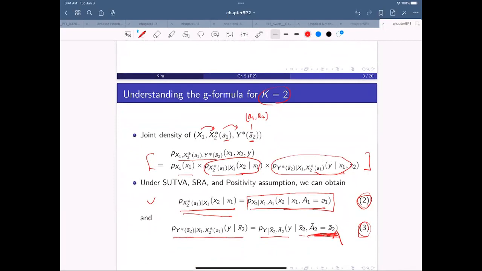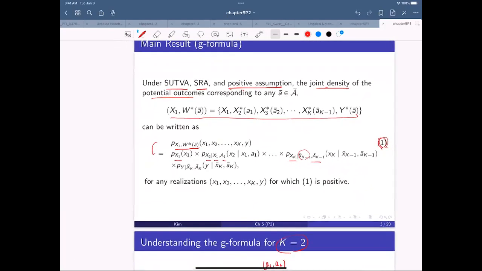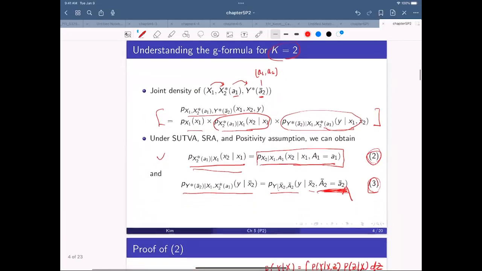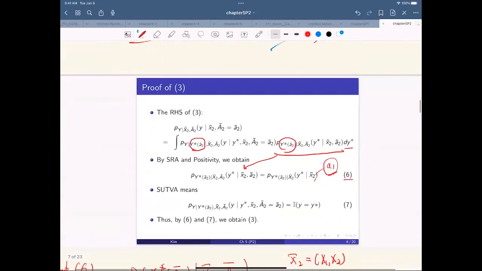While the G formula is the joint density of the potential outcomes and the factorization of the data, and there your outcome should be conditional on your history, based on this A bar K. So equation 2 is okay. Equation 3 is correct.